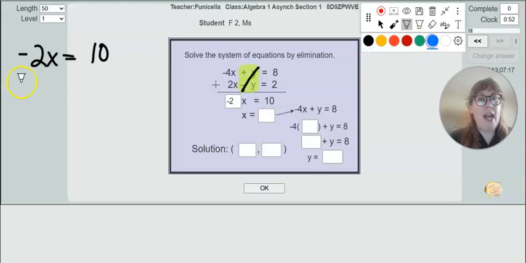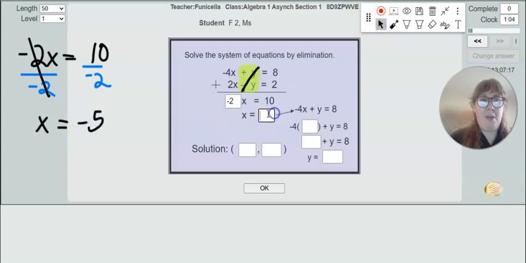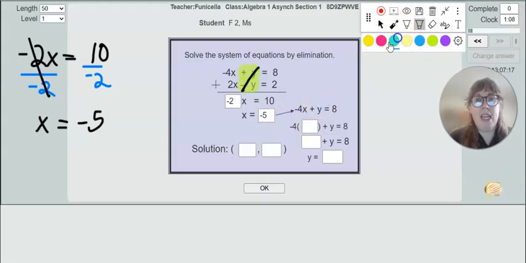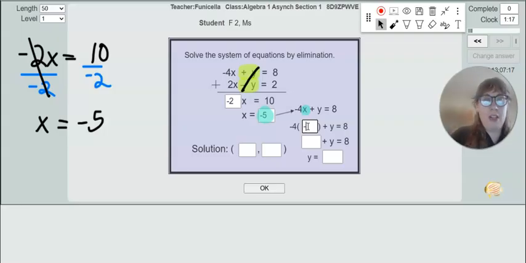And to solve this for x, we divide both sides by negative 2. Negative 2 divided by negative 2 is 1x equals negative 5. 10 divided by a negative 2 is a negative 5. Now you're taking that negative 5, which equals x, and we're plugging it in for x in either equation. They chose the first equation, so we're going to plug in negative 5 in there.